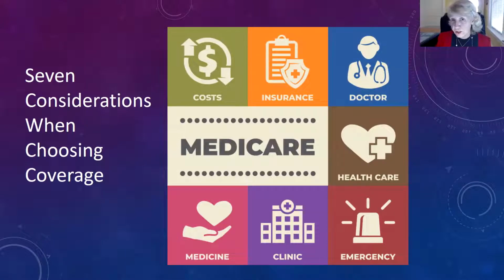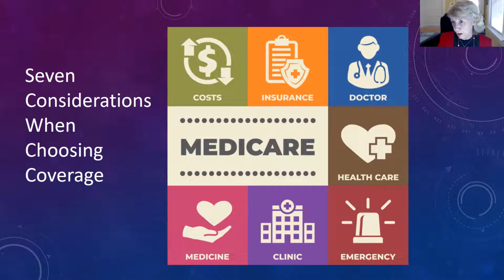So the considerations that you want to think about when you're trying to figure out how you're covered, what coverage you want, is what is the cost, which is mostly what we just looked at, the type of insurance that you have. In this instance, what we looked at was the Medicare Part D standalone. We did not go into the Medicare Advantage.